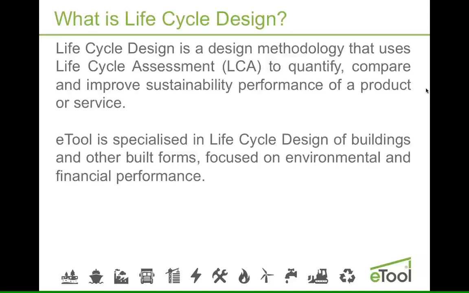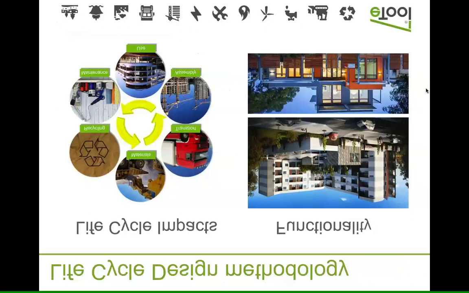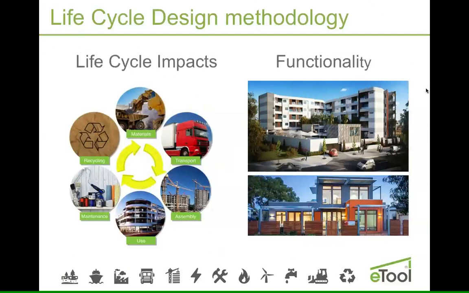When we're talking about sustainability, we don't look at social impacts, although you have standards and you can quantify a bit of social performance. We mainly focus on environmental performance and financial. So it's important to mention that.